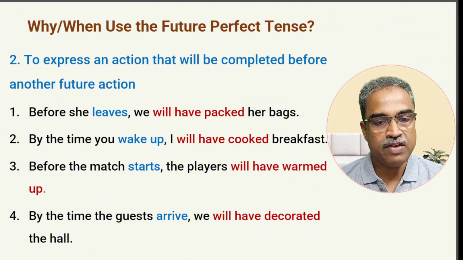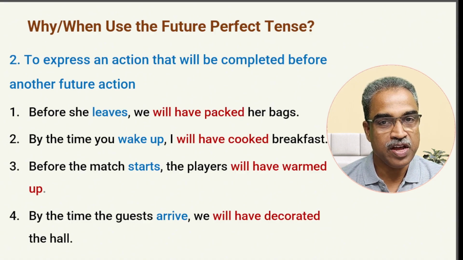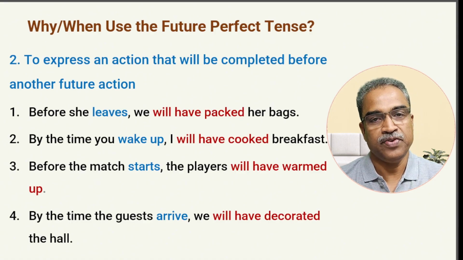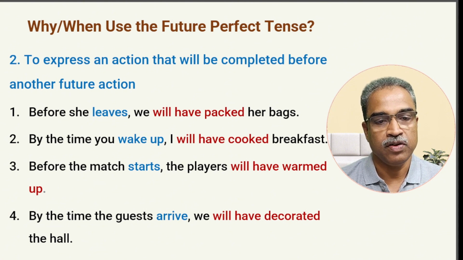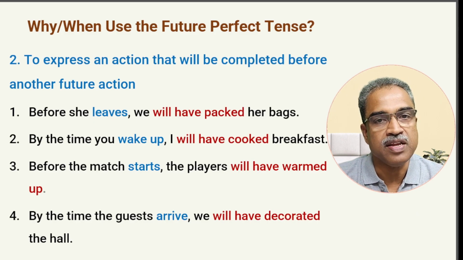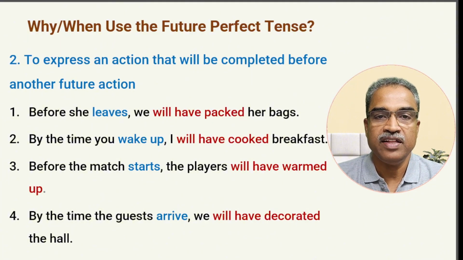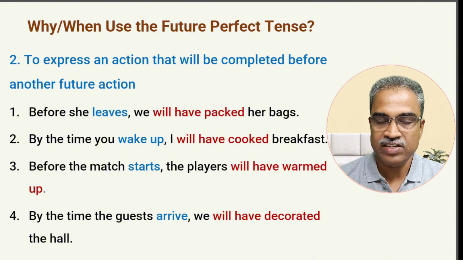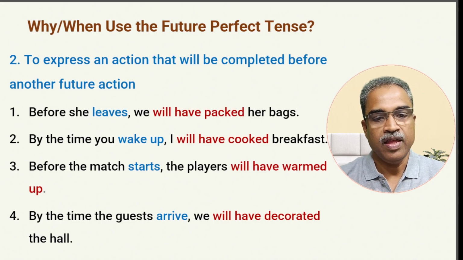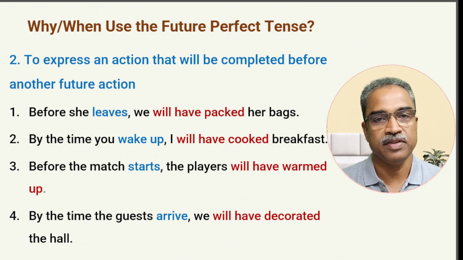Before she leaves is the simple present tense, used in the first clause, which is a subordinate clause. What does that mean? Now her bag is not packed, but by the time she leaves at a later time in the future, we will have packed her bags. Bag would be ready. That's the meaning.